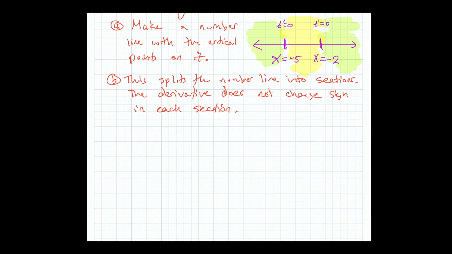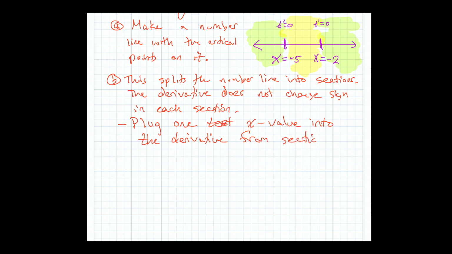So the actual step is plug one test x value into the derivative from each section, just to figure out if it's plus or minus in that section. And remember, you only need one point per section because you know it can't change sign.